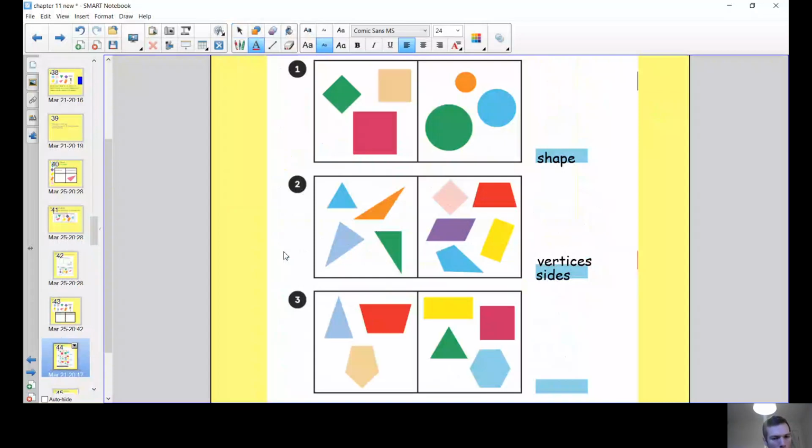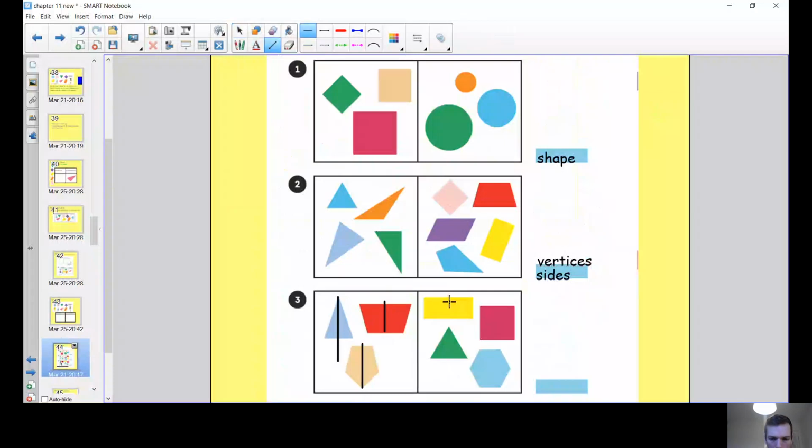Okay, what about number 3? This is really quite tricky. Well, every shape here, I could draw a line of symmetry over here. I'm going to do that. Okay, line of symmetry, and line of symmetry, and line of symmetry.